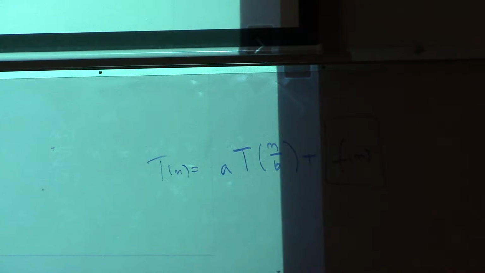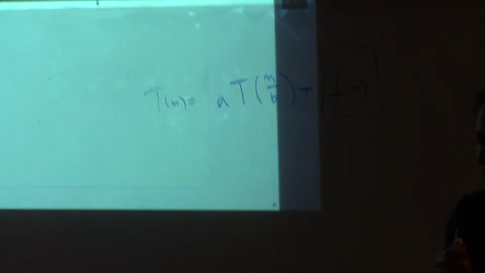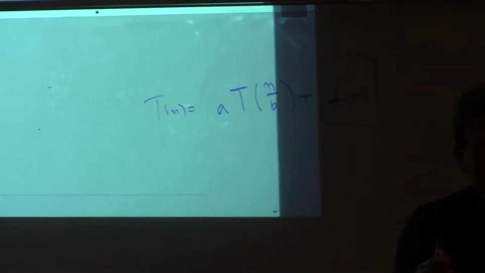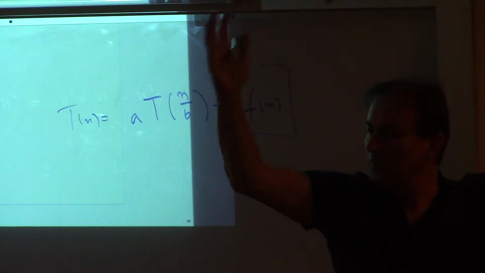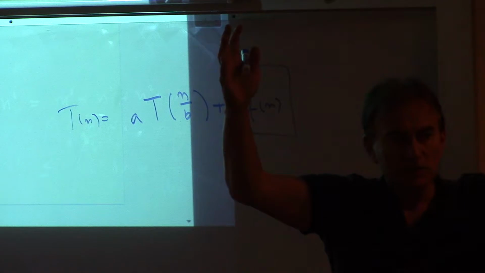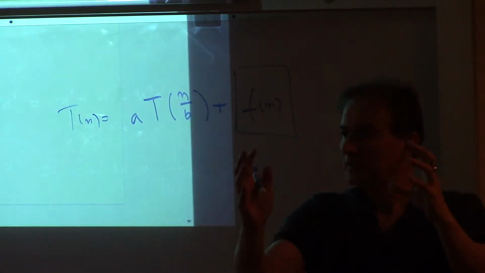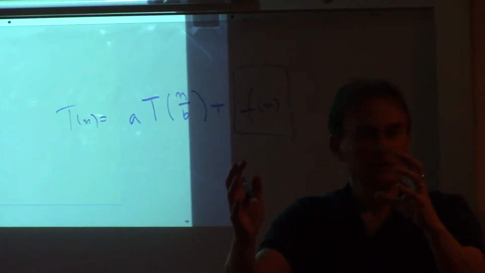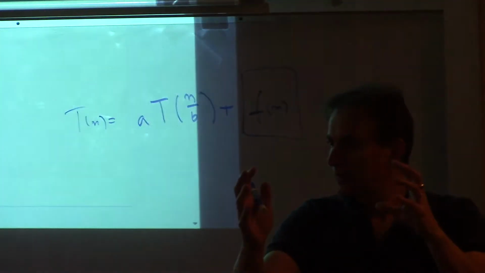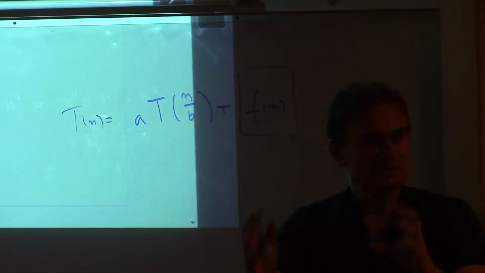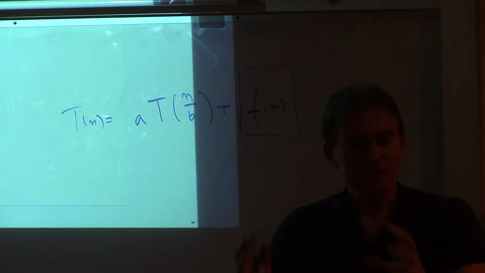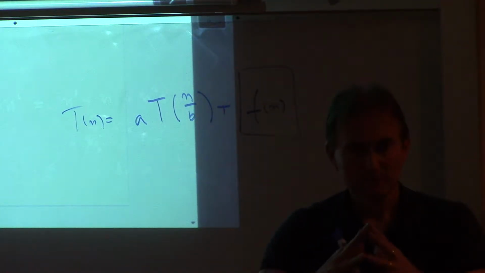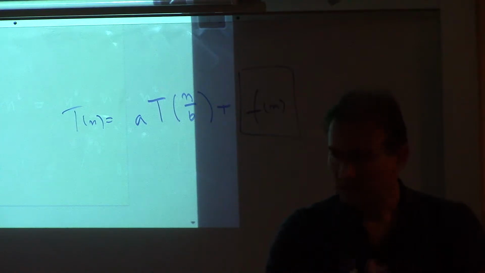For example, let's talk about merge sort. Merge sort is: I want you to merge sort 1 through n. The first thing merge sort does is say, I want you to merge sort 1 through n over 2. Then it says, I want you to merge sort n over 2 plus 1 to n. And then it says merge them.